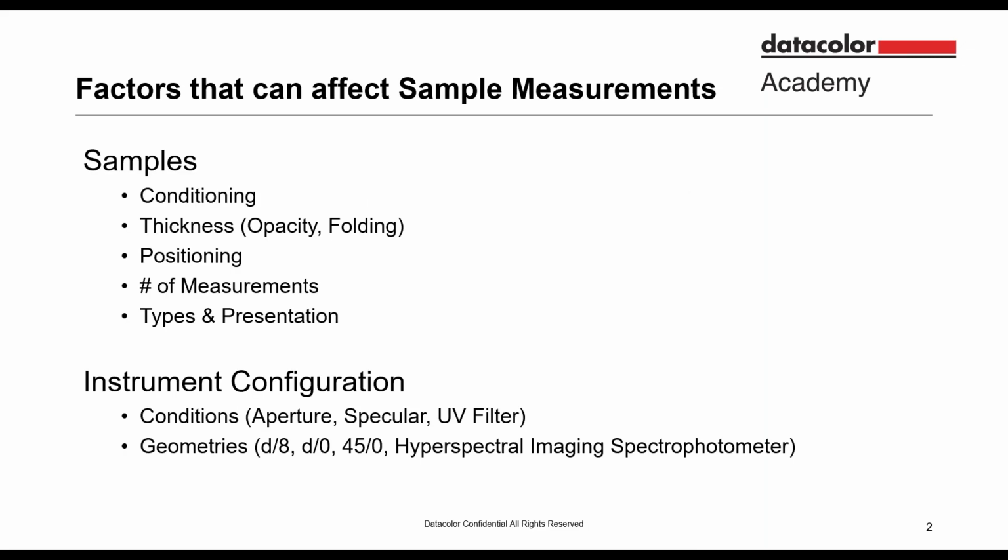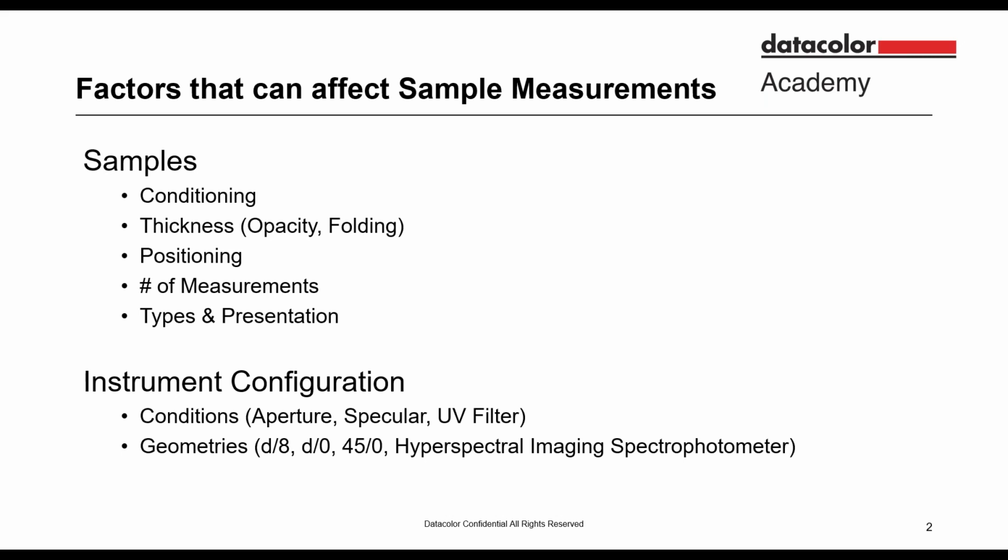There are many factors that affect sample measurement. We are going to go over the most important ones. As you can see, we have divided these factors into, first of all, the sample characteristics and then the instrument configuration. For the samples, we are going to go over how important it is conditioning your samples, how important it is to control temperature and humidity, how important it is to keep the sample's thickness to a point that the sample is opaque.